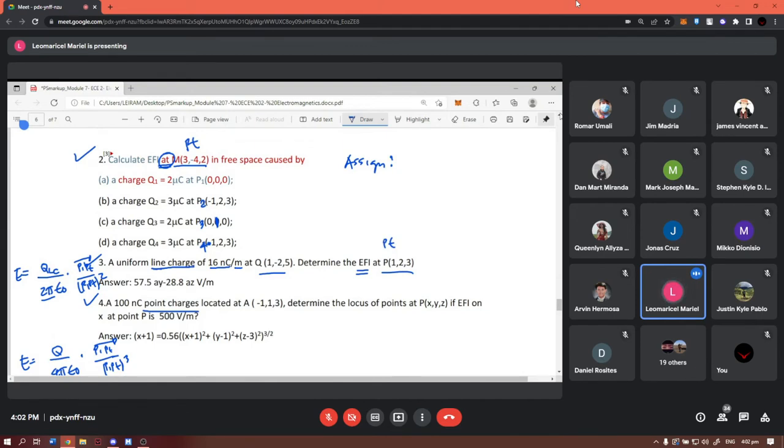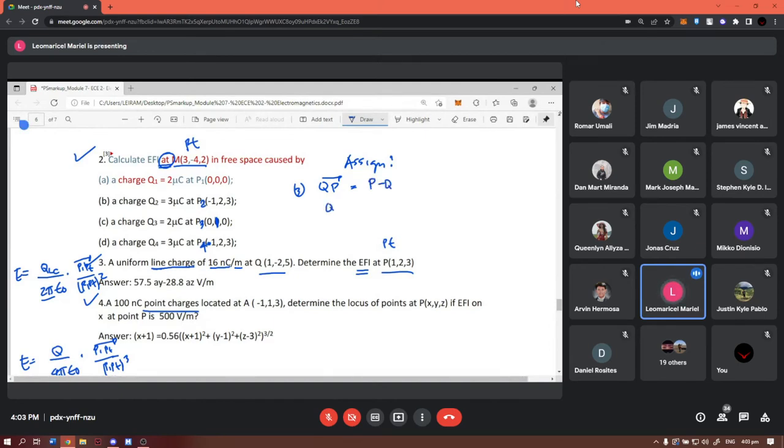Andito yung ating given charge Q. So, ang kukunin natin ay vector, okay, number 3. Kunin natin ang vector QP, from Q to P. Okay, kasi andito yung ating line charge natin. Therefore, that will be P minus Q.